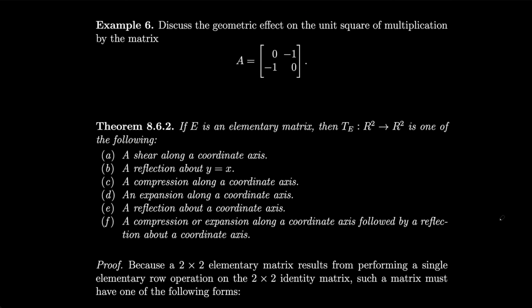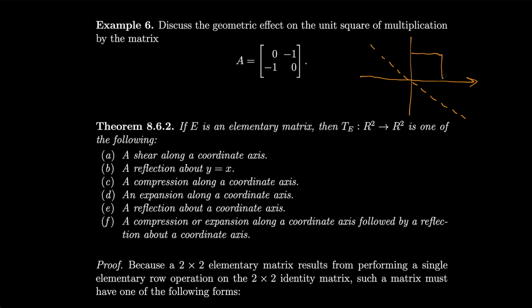How about we now discuss the geometric effect on the unit square of multiplication by the matrix A right over here. Notice the minus 1s are on the other diagonal now. Okay, well, it shouldn't be too difficult to see that all this is going to do is just reflect over y equals negative x. Right?